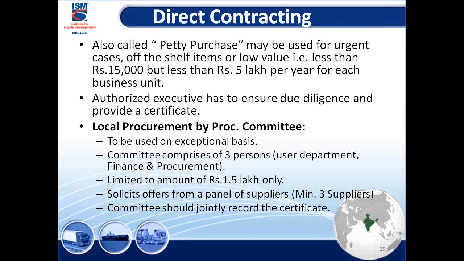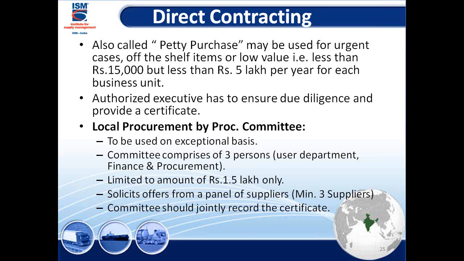So this is what is called petty purchase, which is normally done nowadays in the private sector through purchasing cards. Purchasing cards are given to the managers, to the operational people. Those are smart cards, which ensure that you can't use them for buying some other food item or something.